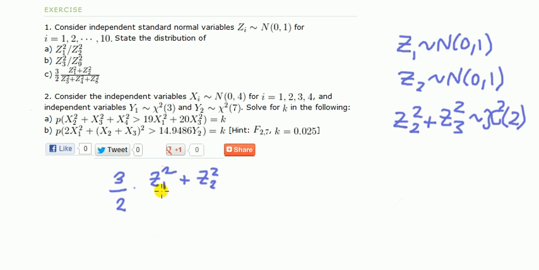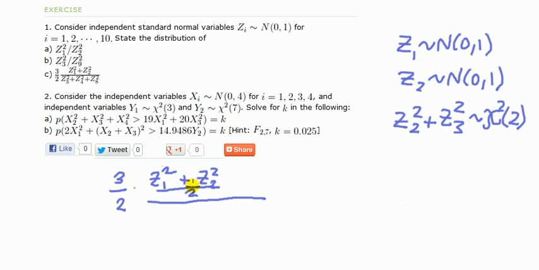If we divide by 2, then this whole thing, Z1 squared plus Z2 squared all over 2, will be chi-square 2 divided by 2.